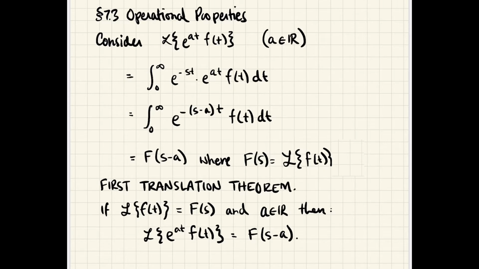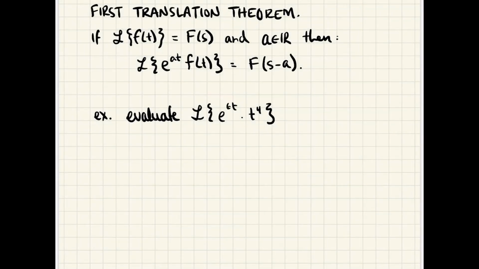So this is a convenient way of evaluating Laplace transforms of functions that are multiplied by an exponential. Okay, so until the first translation theorem came along, the only way we'd have to do this particular one would be to actually appeal to the definition. That would be a very frustrating integration by parts. So according to the first translation theorem, we have this form, and we can see here that a is equal to 6.